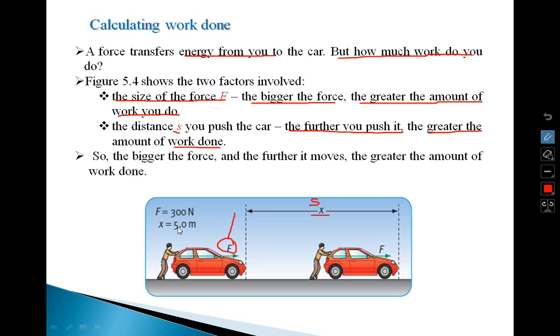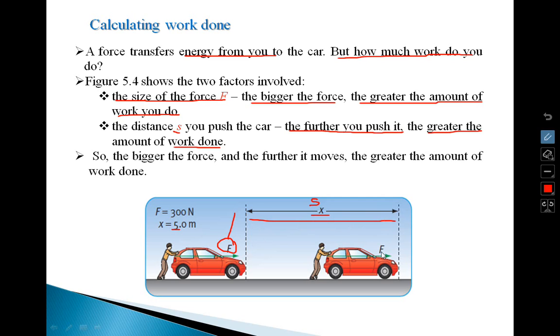For 5 meters you need to do a small amount of work, and if you are going to push it for 10 meters, you need to do more work to push the car, because the distance is greater.